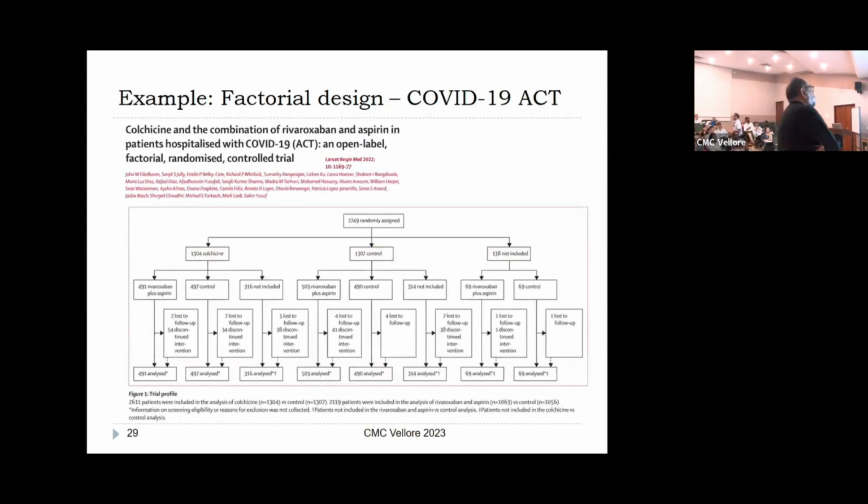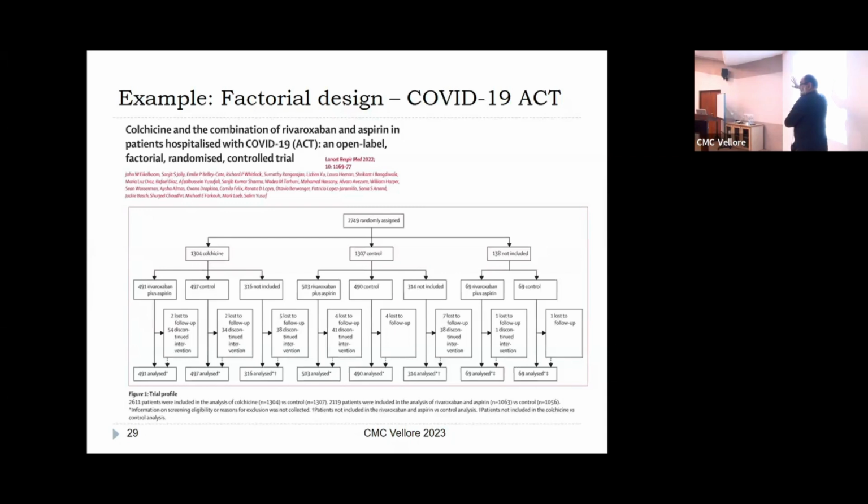Oh, yeah. So what happened was that this was happening very fast during COVID, right? People got randomized, but then they didn't show up. This is a problem that we'll talk about with intention to treat later on. Theoretically, you need to put these people in the group that they were treated in.